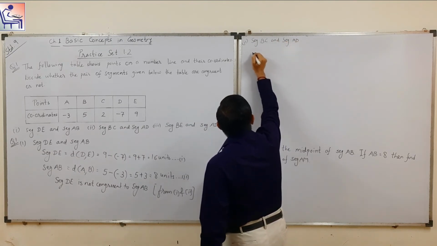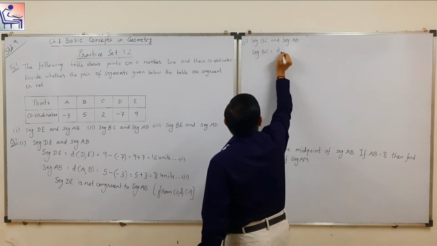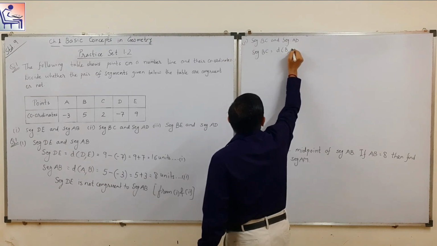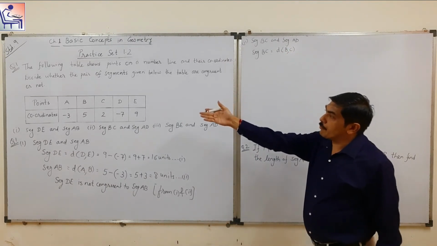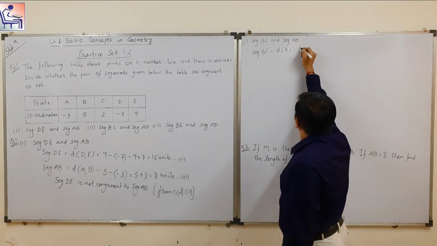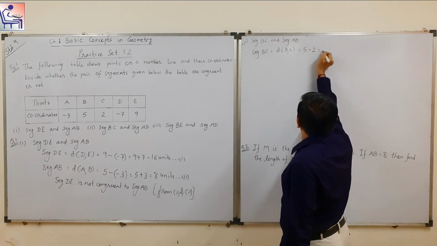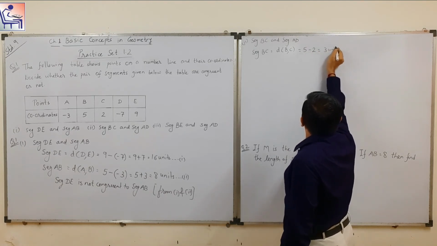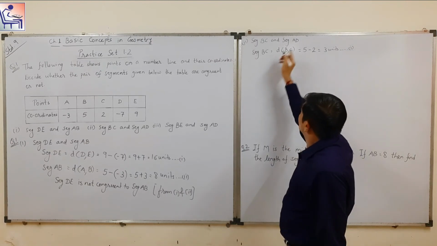Here we will find out the distance of segment BC. The coordinate of point B is 5 and the coordinate of point C is 2. So 5 is greater than 2, so I will say 5 minus 2 is equal to 3 units, and this is your first equation.